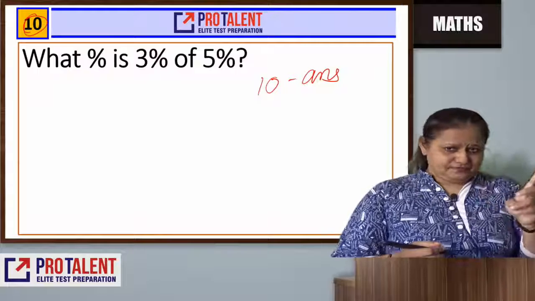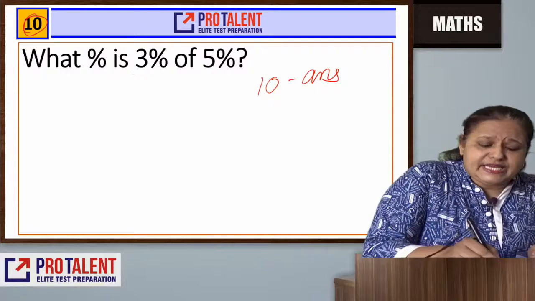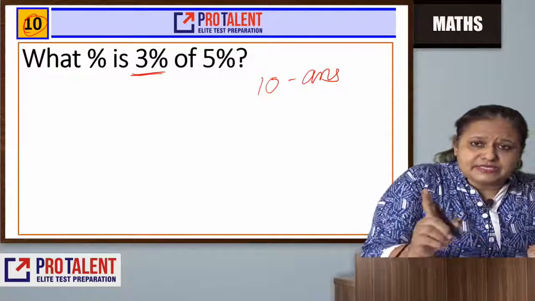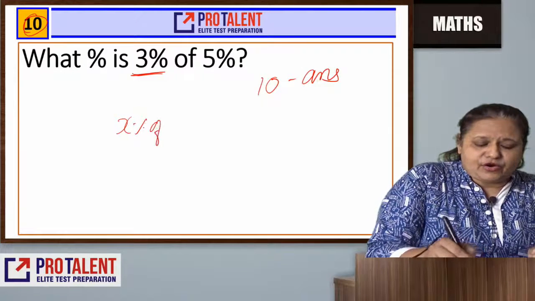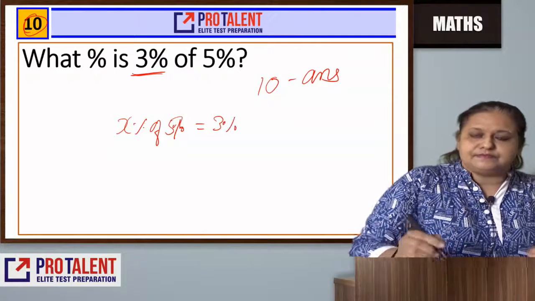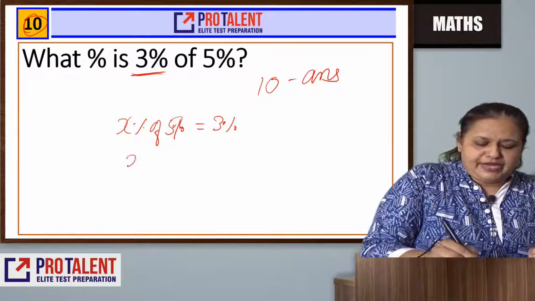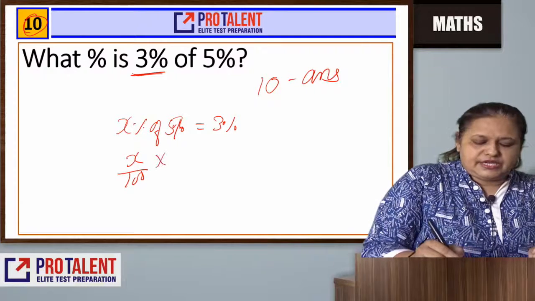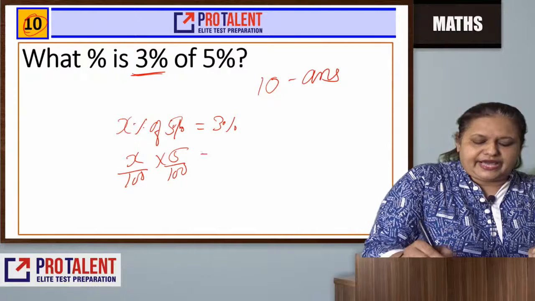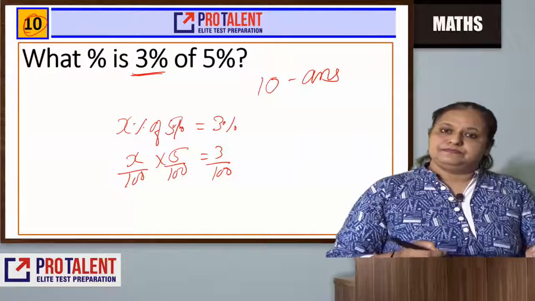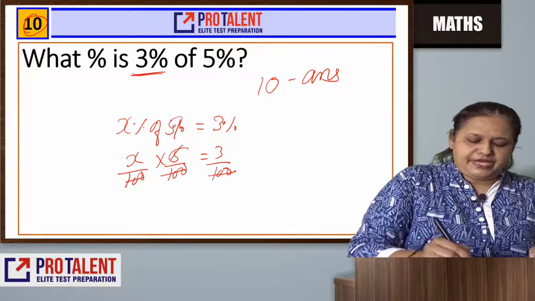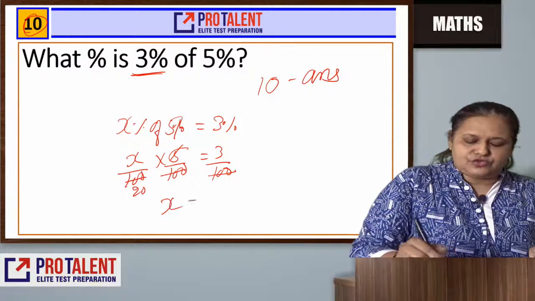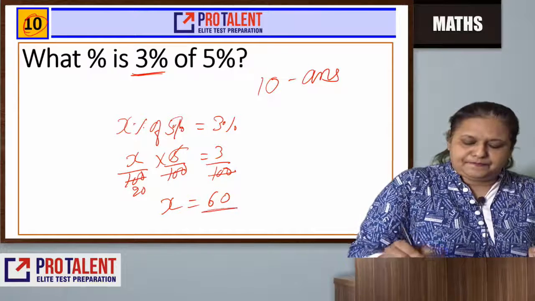Let's see. So what percent is? Is means 3% is the answer. So it was x percent of 5% is 3%. So it would have been x by 100 into 5 by 100 as 3 by 100. So this gets cancelled, this is going to be 20 times, so x is going to be 60.